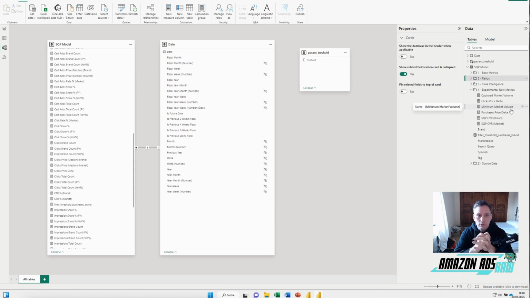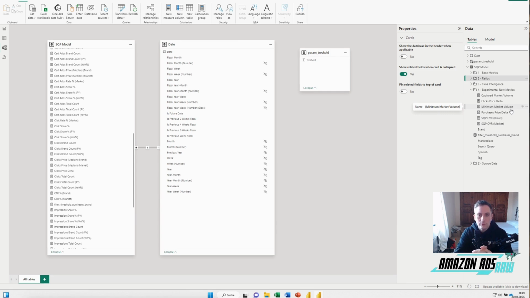Let's say for search query A, we had 1,000 total purchases at a median price of $10. That means the minimum volume that was happening on that search query in that country in that week was 1,000 multiplied with 10. So 10,000 would be the minimum. Why do I call it minimum? Because SQP is not capturing all the sales. It captures sales that happen within 24 hours of attribution.